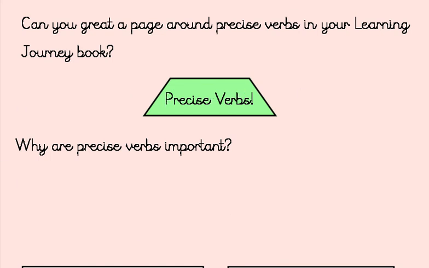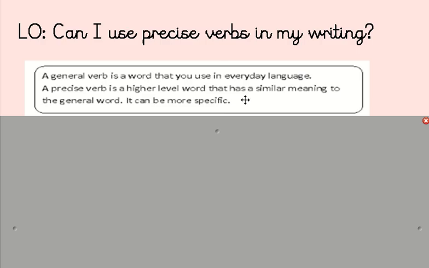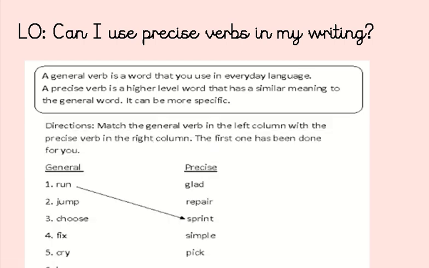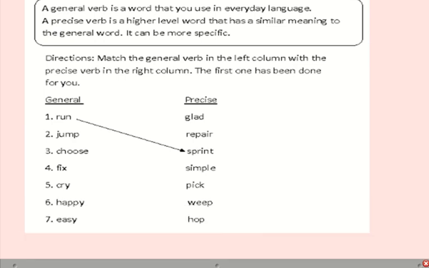And then you're going to do a little activity, and I want you to do that down the left of your page. Your activity today is you're going to match the general verb, for example, run, to the much more precise verb. As you can see over here, the precise verb is sprint, because that's a type of running, isn't it?